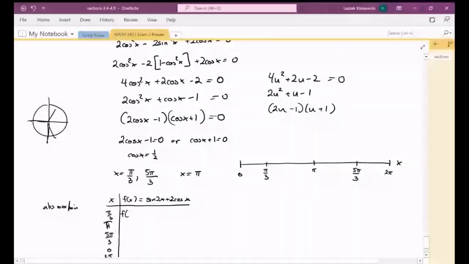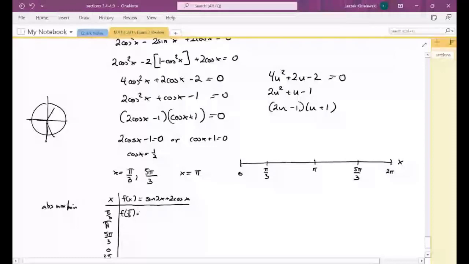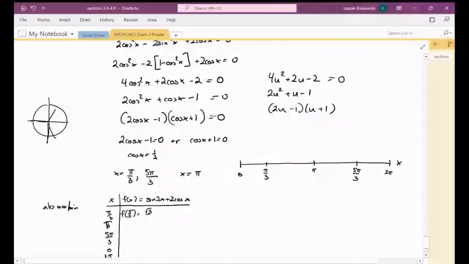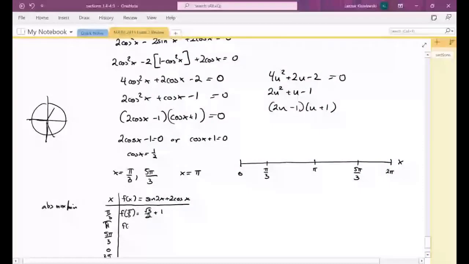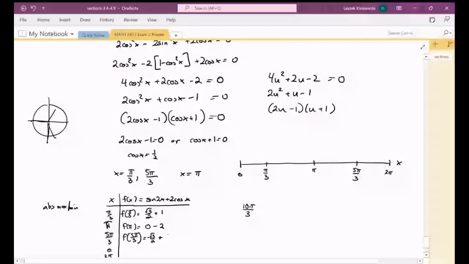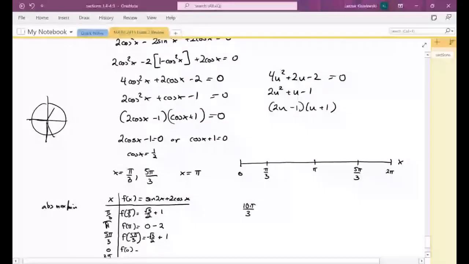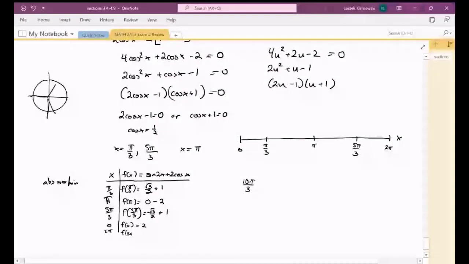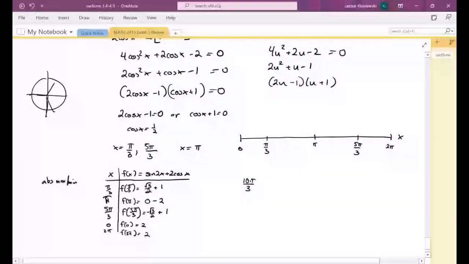All right, so we calculate all these. Anyway, so what's the absolute max and what's the absolute min?